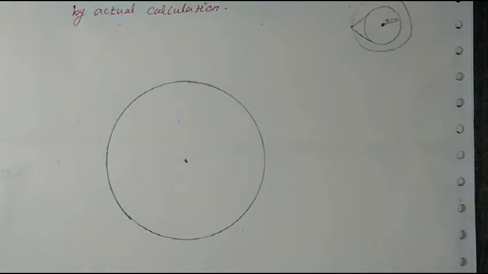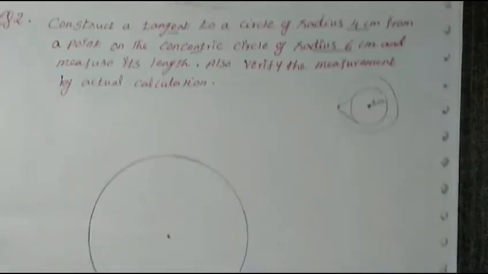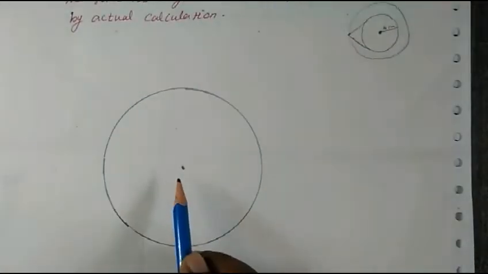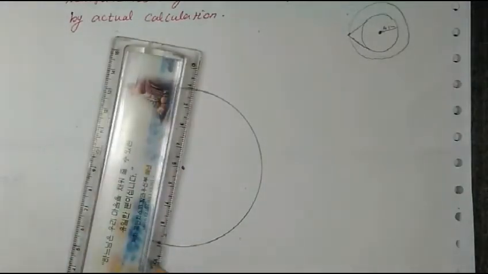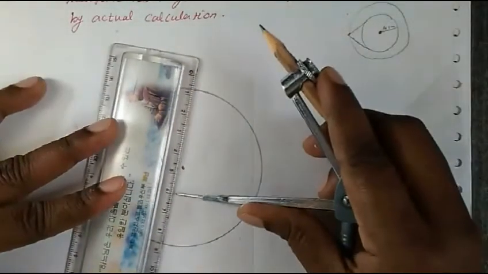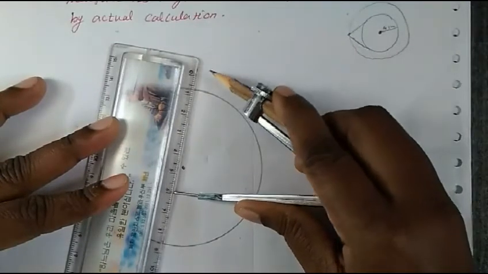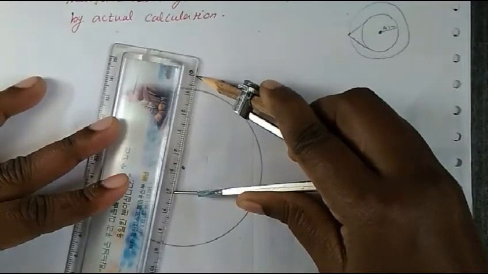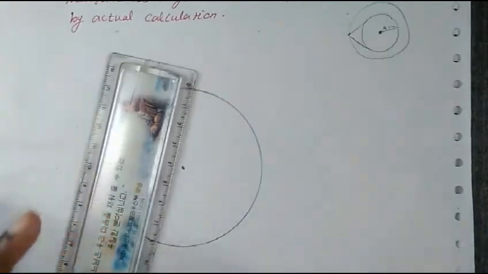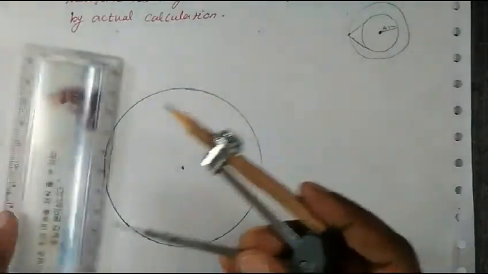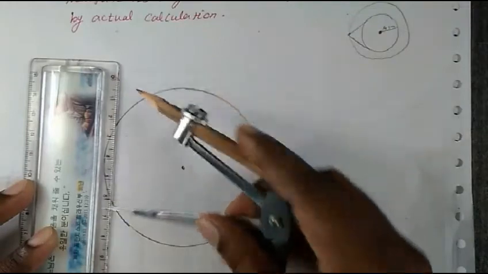Now we have to draw another circle with radius 6 centimeter but with the same center. So take the scale, adjust 6 centimeter. Check, 6 centimeter.